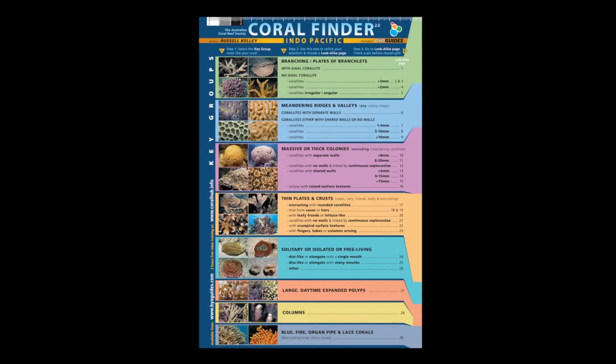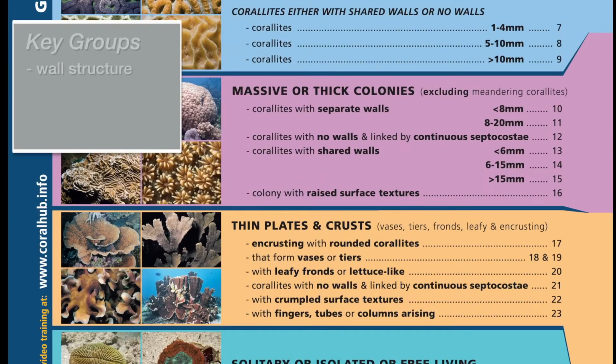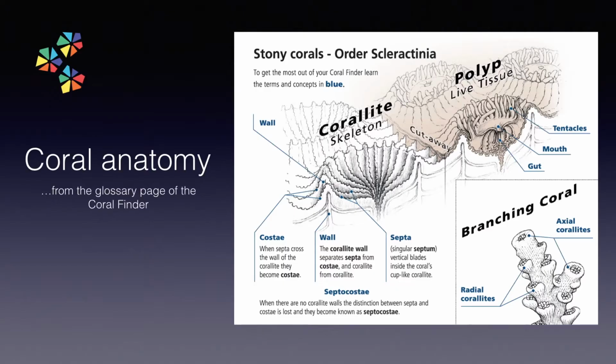Once you choose a key group, the Coral Finder asks you questions about the wall structure, the scale of the polyps, and visible surface textures. All of these questions can be answered if you know the simple terms explained on the glossary page.